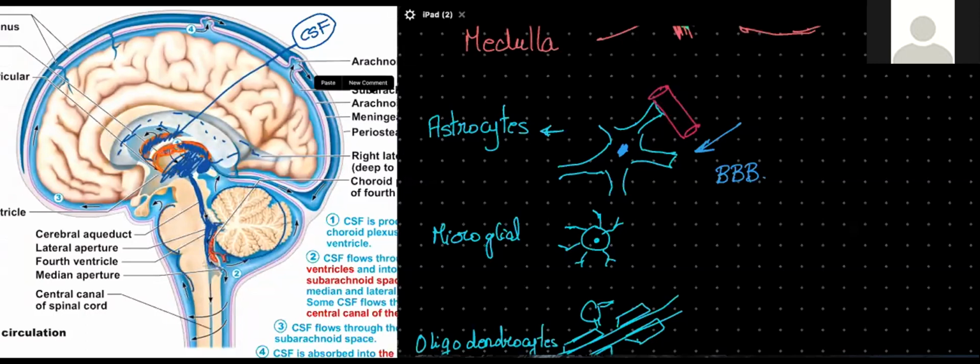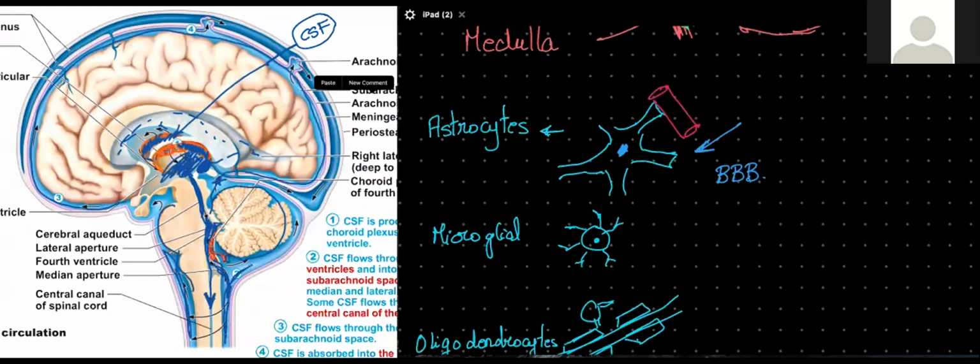Part of the fluid here leaves the brain and will be circulating around the brain in the subarachnoid space. And another part will be leaving to circulate around my spinal cord. Part of the cerebrospinal fluid also travels in the central canal of the spinal cord.